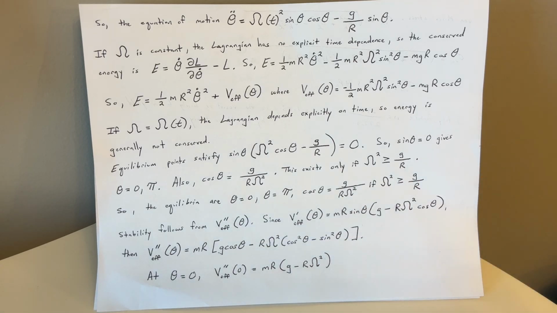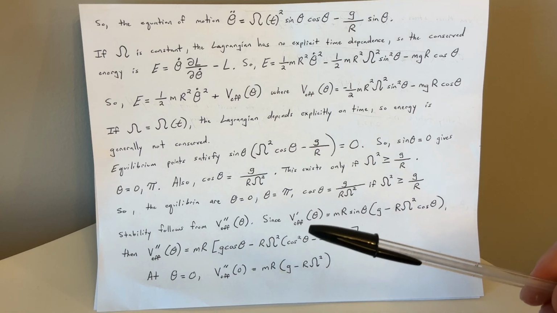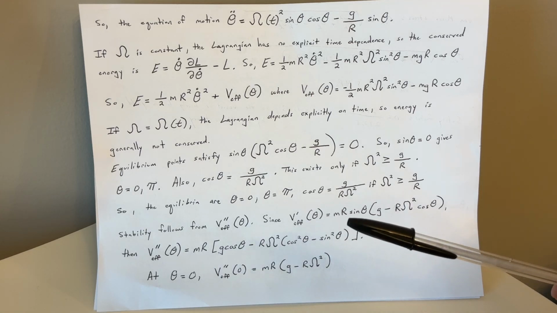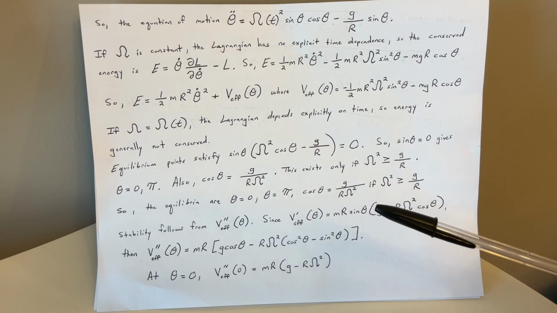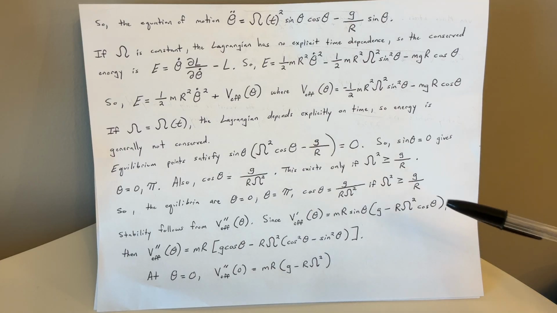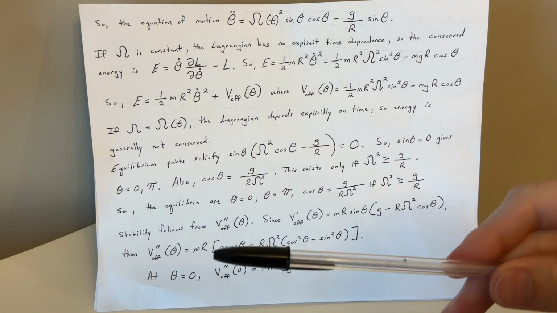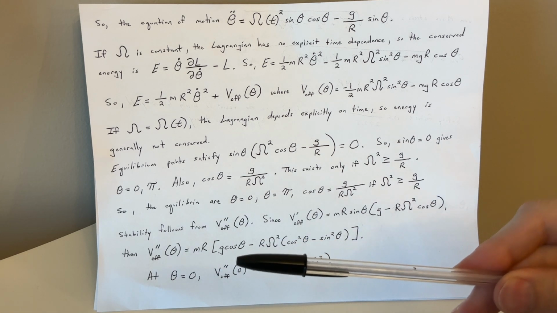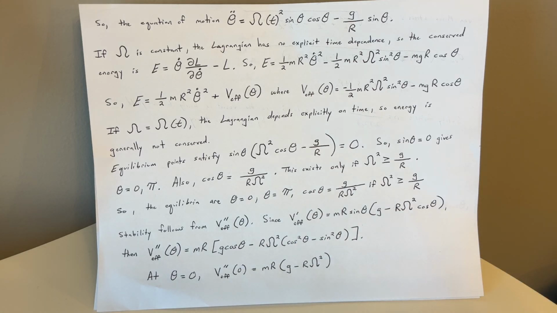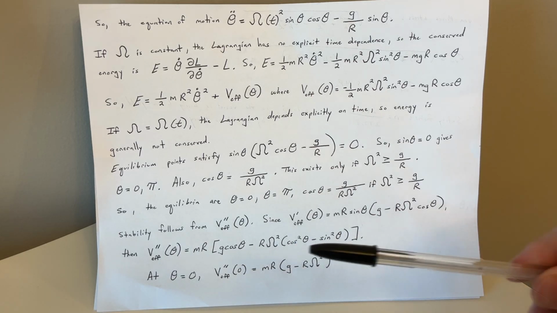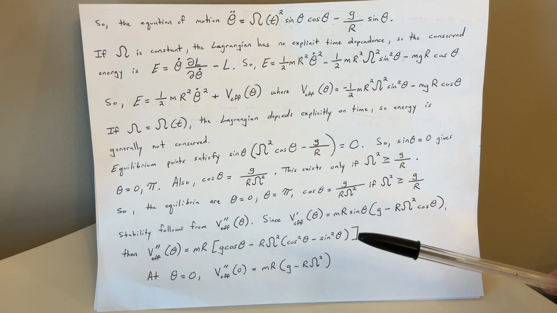So stability follows from V sub EFF double prime of theta. Since V sub EFF prime of theta equals mr sine theta times the quantity g minus r omega squared cosine theta, then V sub EFF double prime of theta equals mr times the bracket g cosine theta minus r omega squared times cosine squared minus sine squared, close bracket.